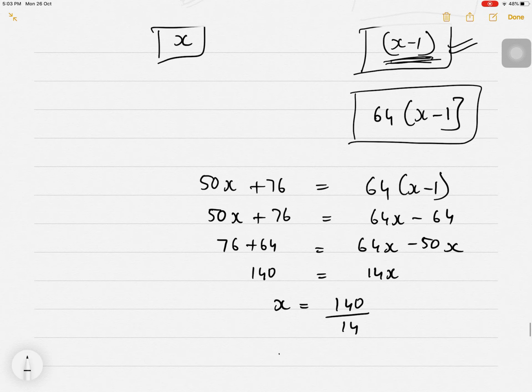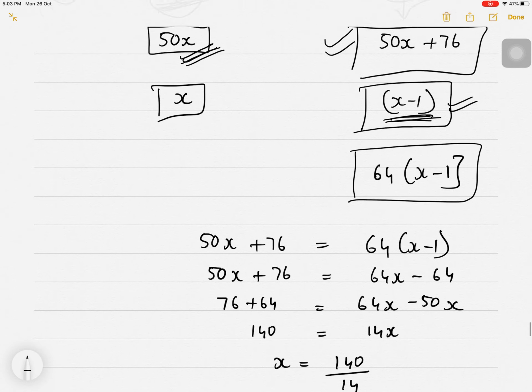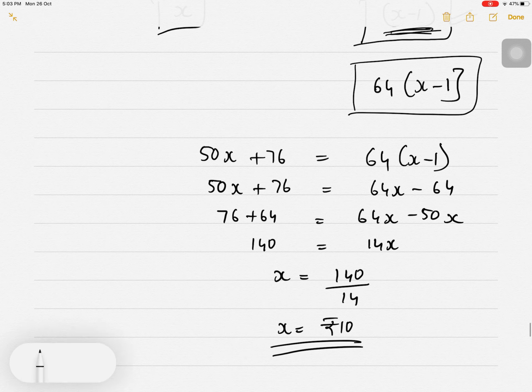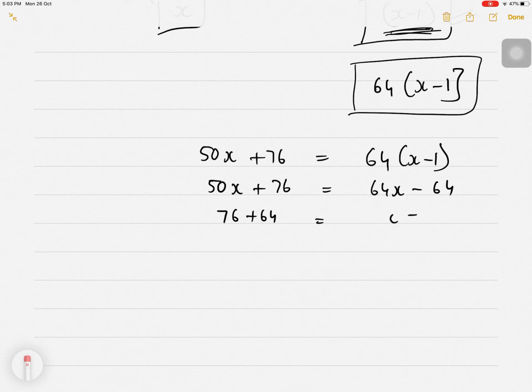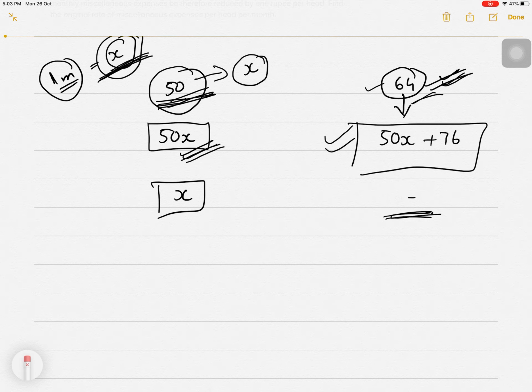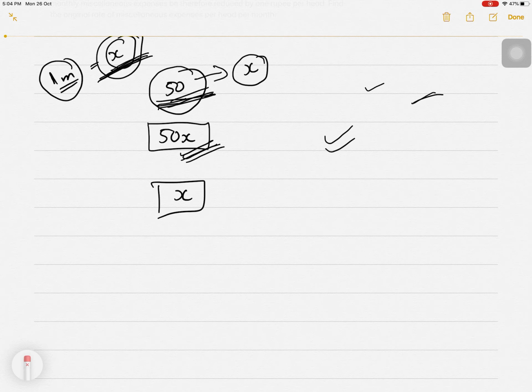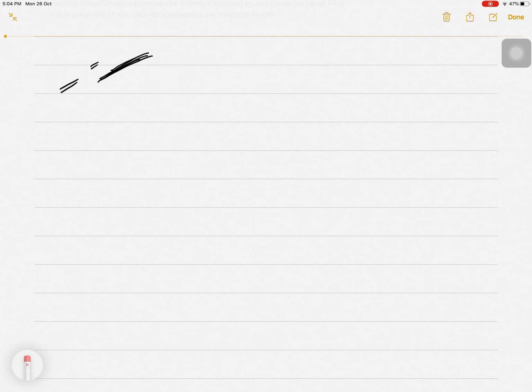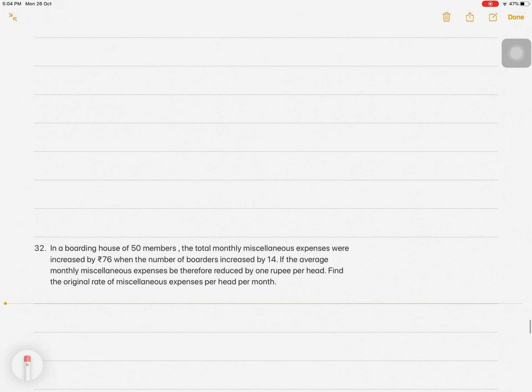So x is equal to 140 upon 14. So x is equal to rupees 10. You are supposed to find the value of x only. We'll do it once again.